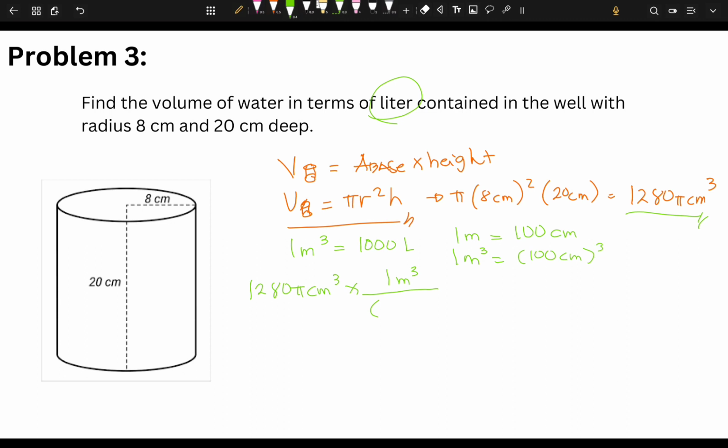Because, by the rule of equality, whatever is on one side is the same on the other side. So, 1 cubic meter is equivalent to 100 centimeters raised to 3.